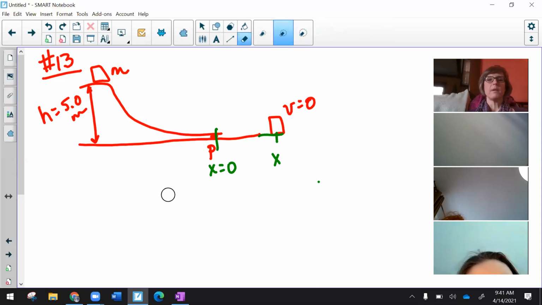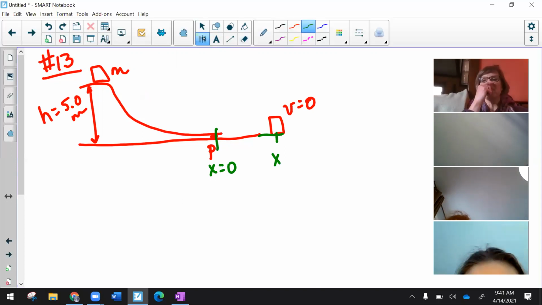Okay. Now, this to me screams conservation of energy. We have a certain amount of potential energy up here at what I'm going to call position 0.